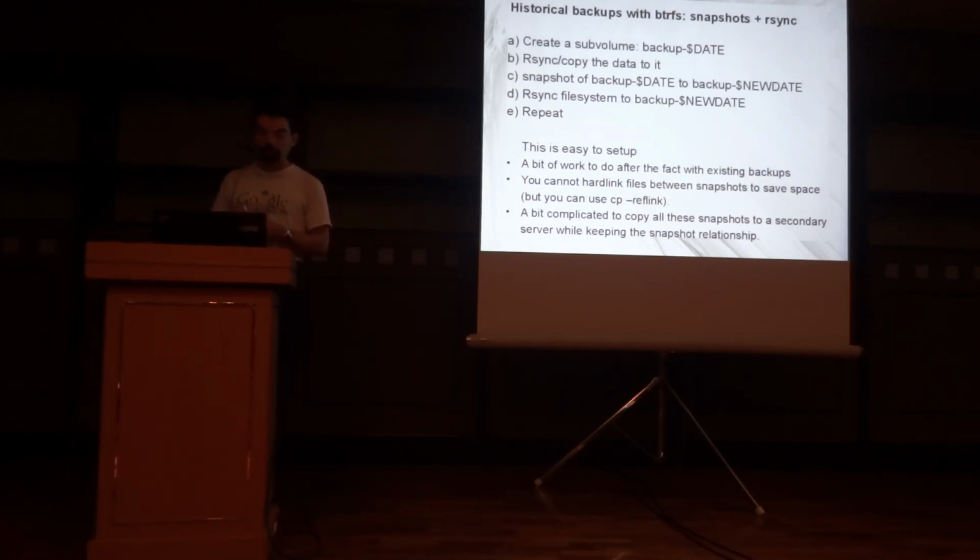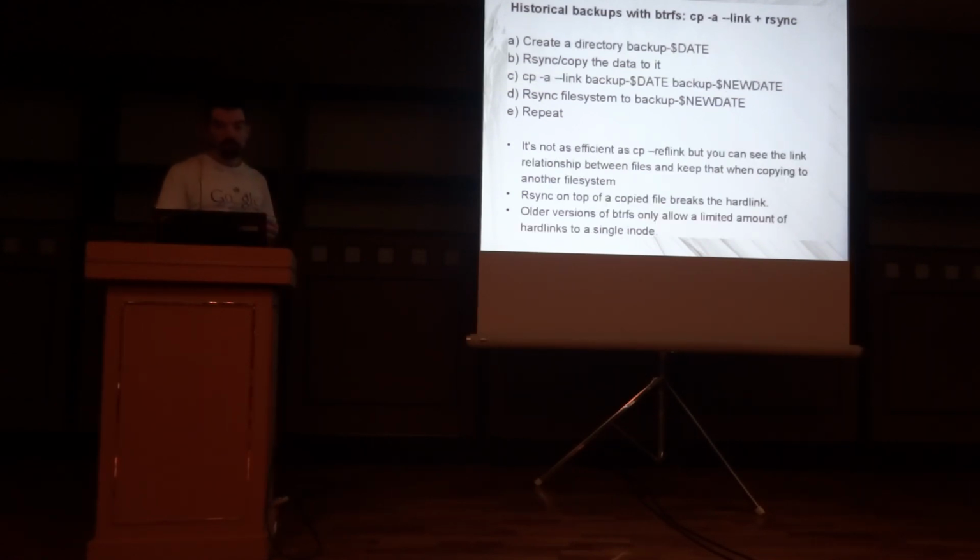The only problem is that you cannot hard link different files easily, so you cannot use hard links between those snapshots because they are subvolumes. You can only use reflink, and that's a little bit complicated. Basically, reflink is really built in Btrfs, so it can go across subvolumes, whereas hard links cannot cross subvolume boundaries.